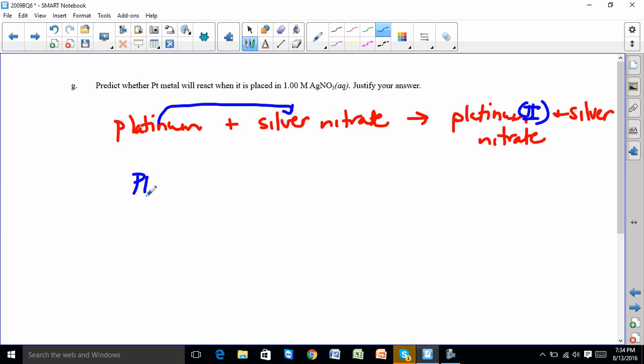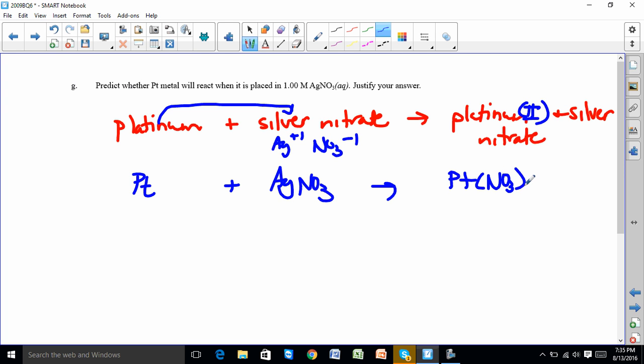So platinum is Pt, and silver nitrate, silver when it's in a compound is +1, and nitrate is -1, so this is AgNO3. And then this would be Pt(NO3)2, because platinum is +2, and nitrate is -1, and then silver is Ag, and then because of this 2 here, I need a 2 here and a 2 here.